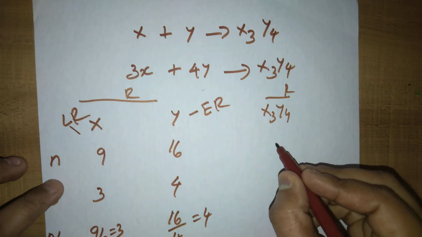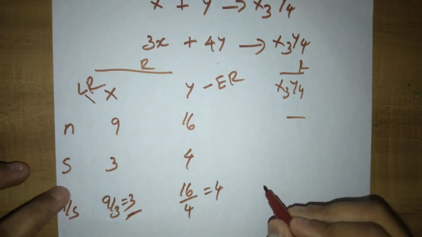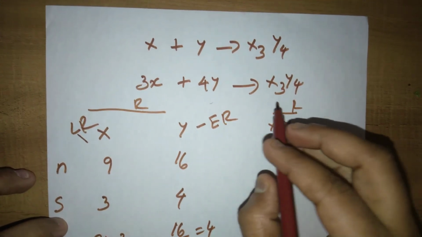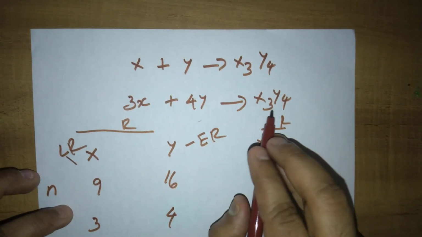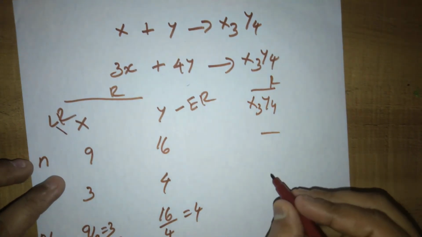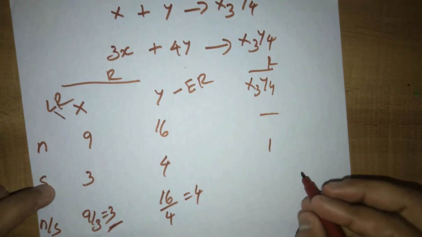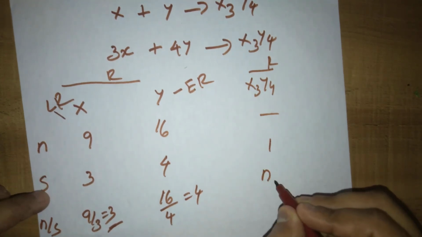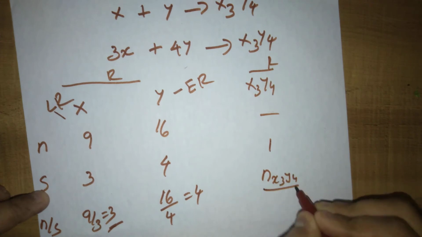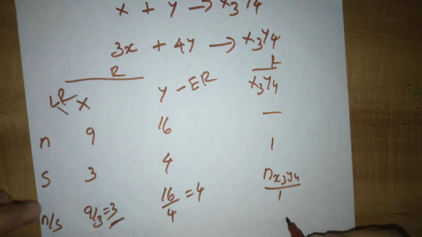The stoichiometric coefficient of X3Y4 is 1. So the n by s ratio of the product is n of X3Y4 divided by 1.